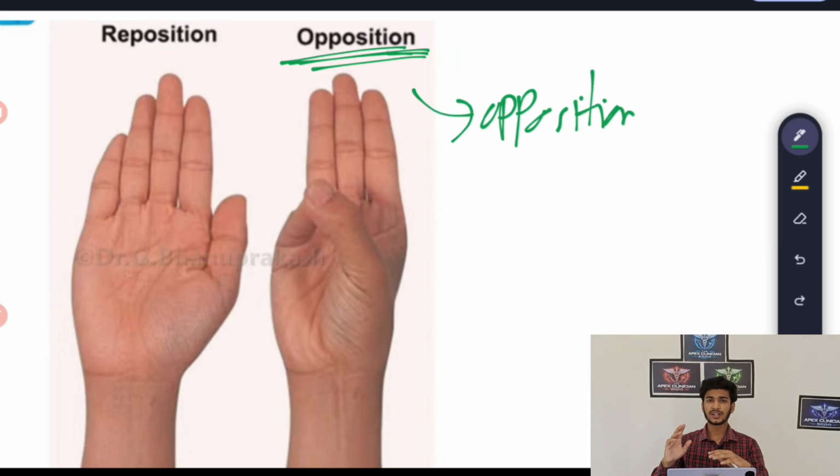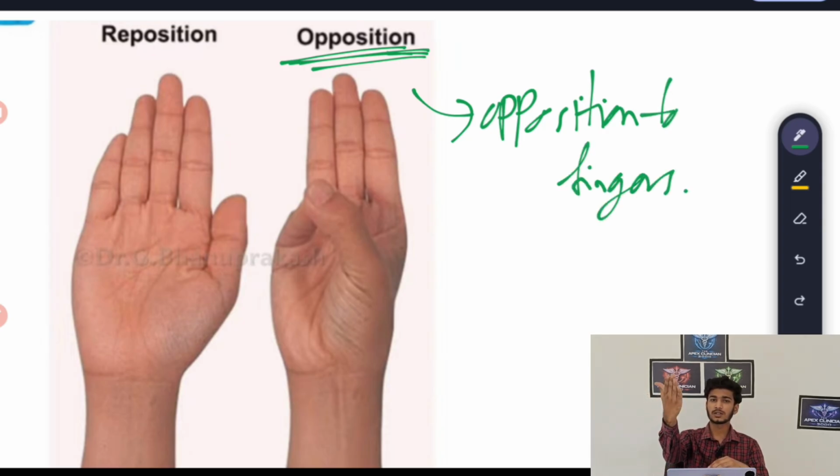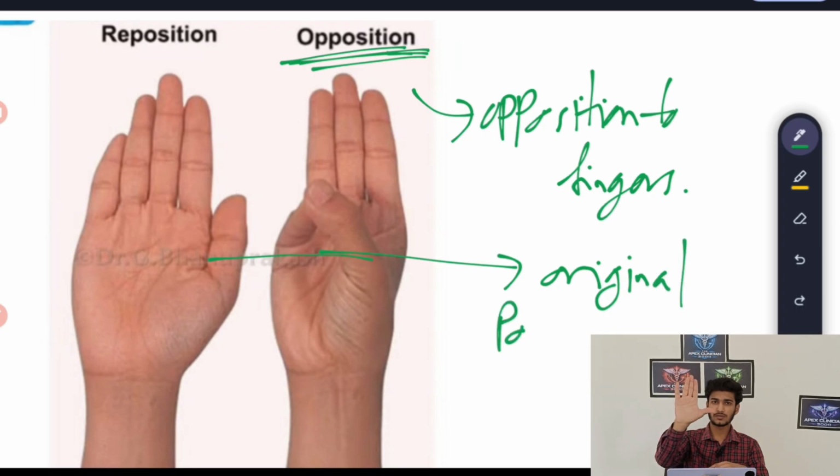Another movement is reposition. Whenever this thumb is coming back to its original position after doing opposition, it is called reposition. You can see this. This is reposition when the thumb is coming back to its original position.